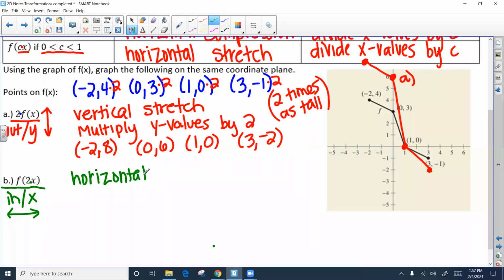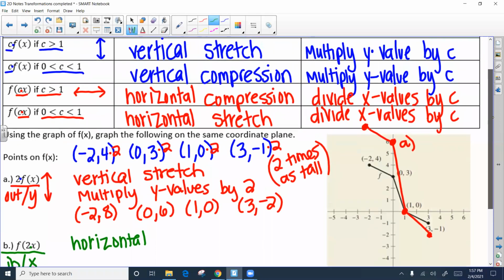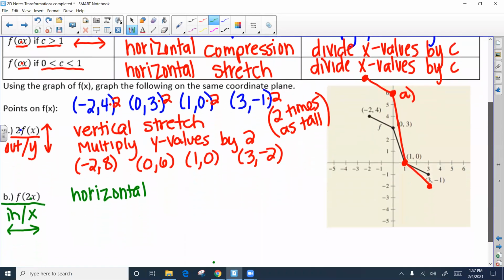But I do have to figure out whether it's a stretch or a shrink. That's, again, kind of the tricky part. Here, the C value is 2, which is greater than 1. So if you want, you can memorize all these cases here. I would rather just think about it rather than having to memorize all of that.